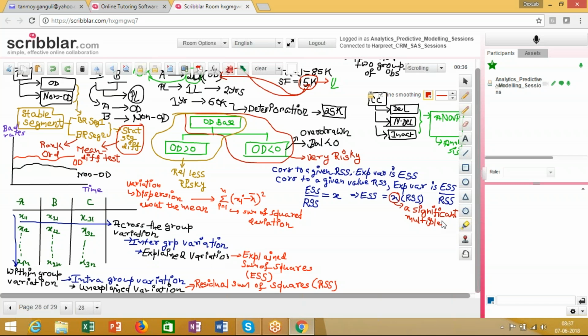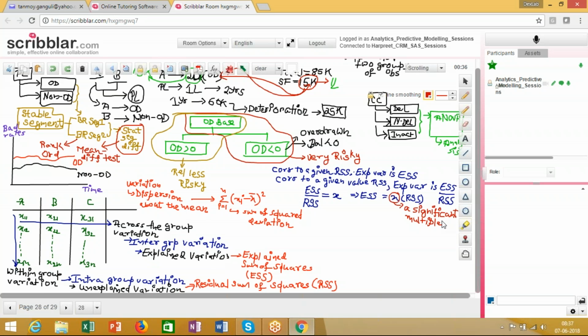So what I want to know is that as I move across the groups, I get to see a variation. When I move within the groups, I get to see a variation. So are the explained variations, the across variations, a significant multiple of the residual variations?